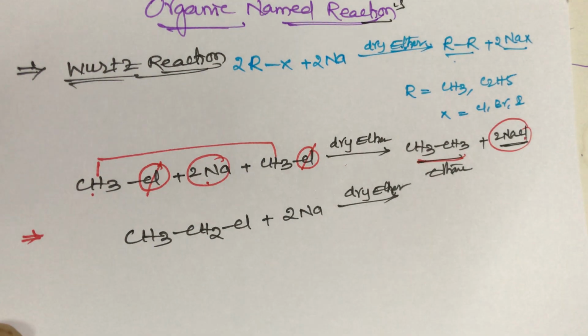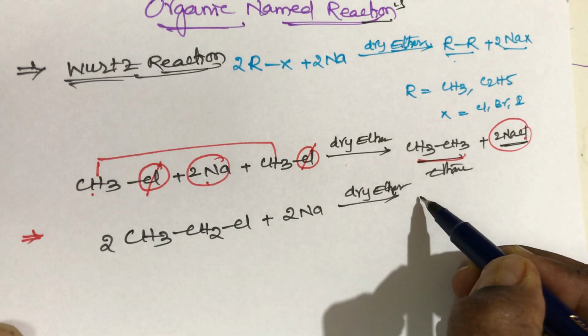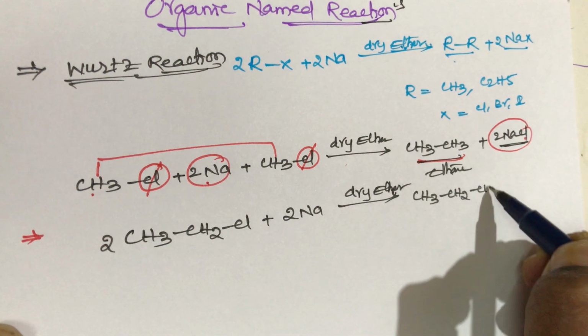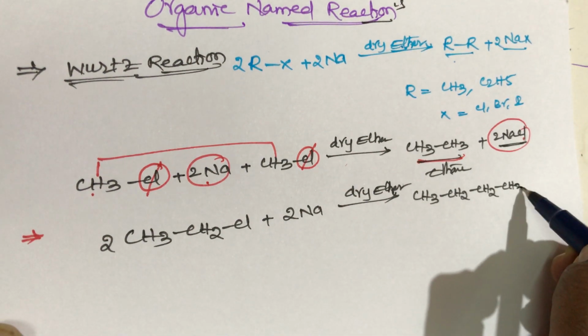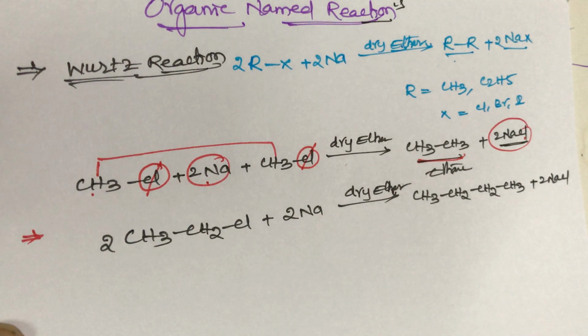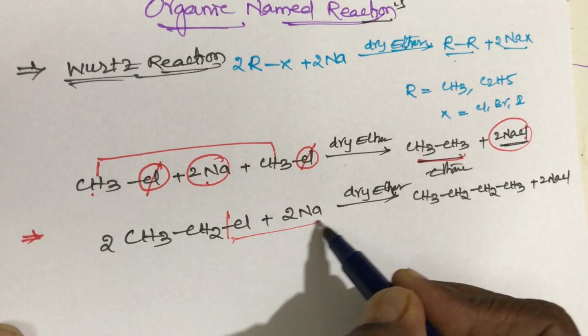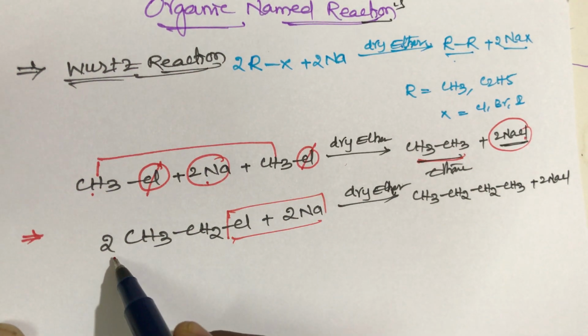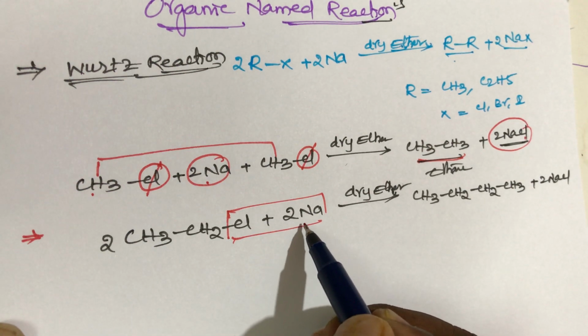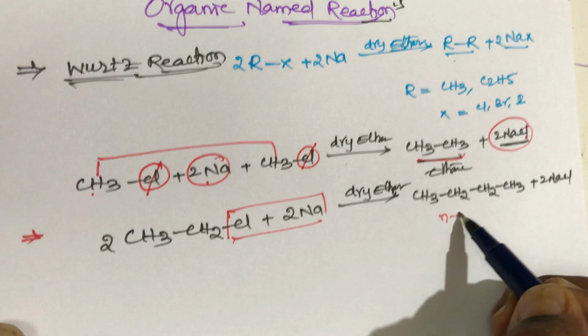We take 2 moles of ethyl chloride, and the product is butane: CH3-CH2-CH2-CH3 plus 2 NaCl. This is the main product. In this reaction, 2 NaCl is eliminated, as 2 moles of ethyl chloride react with 2 moles of sodium.